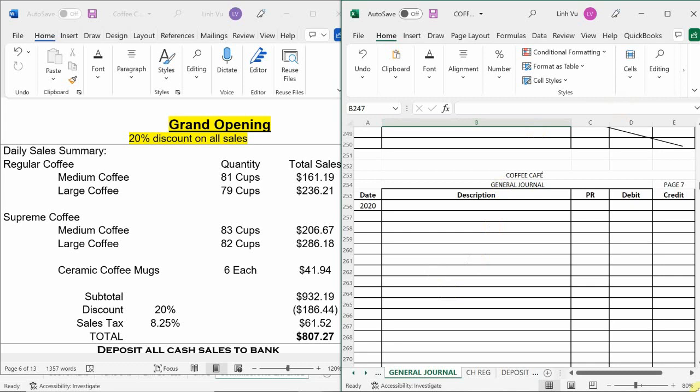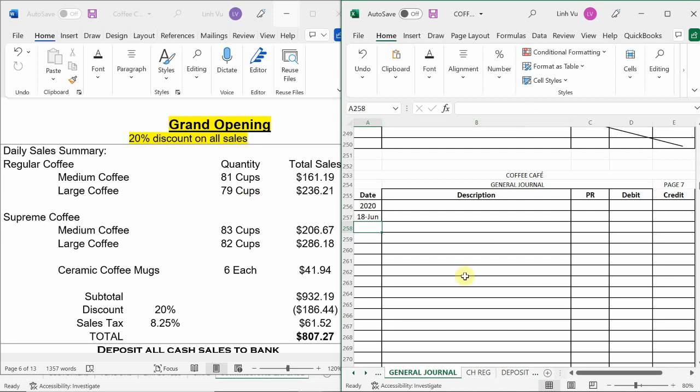Okay? So in this case, we've seen this before. We've seen what it's like to journalize a sale. So what am I going to be recognizing in my journal? Checking.